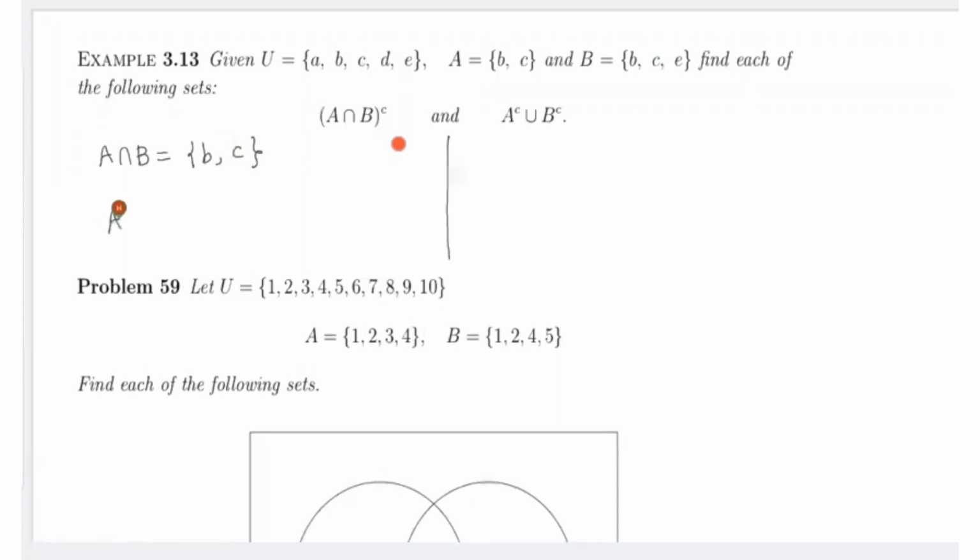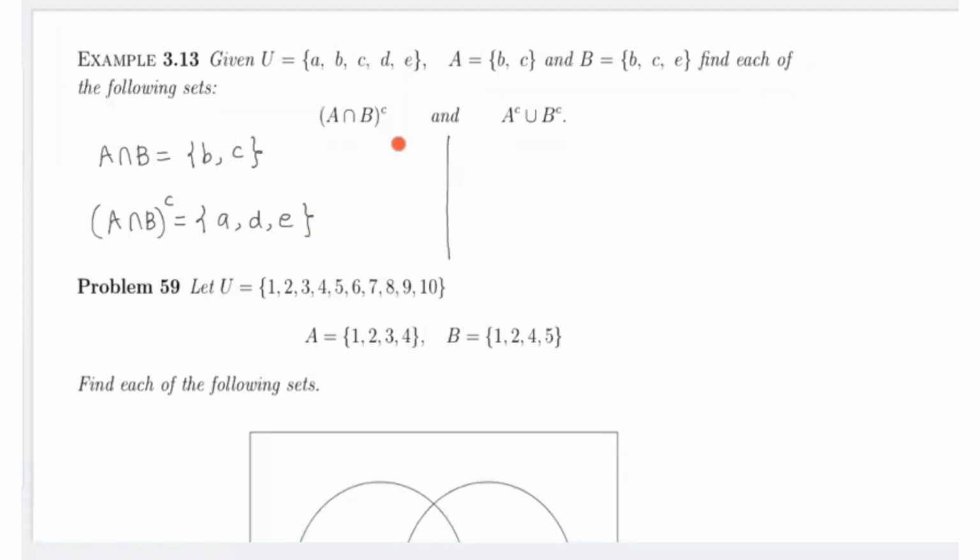A intersect B complement, meaning we are looking at the complement of this. So you look at the universal set, complement of this. So B, C here. So leftover A, D, and E is A intersect B complement.